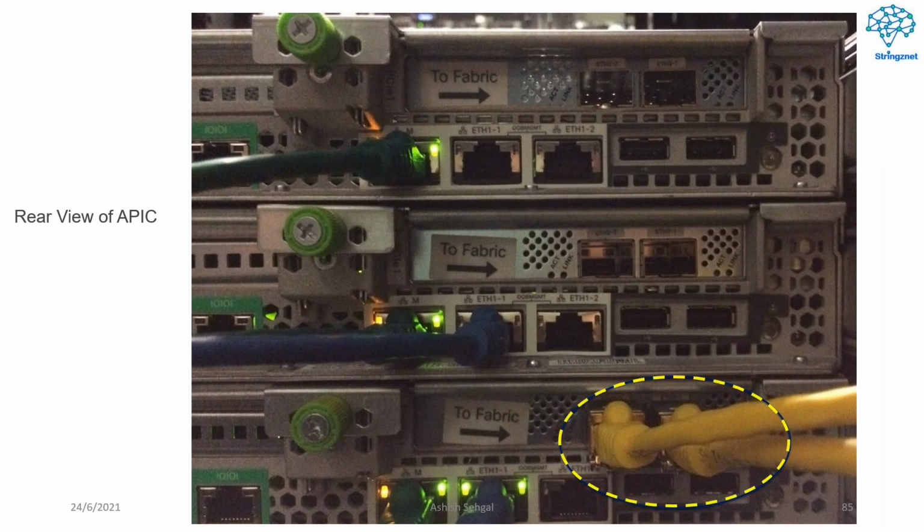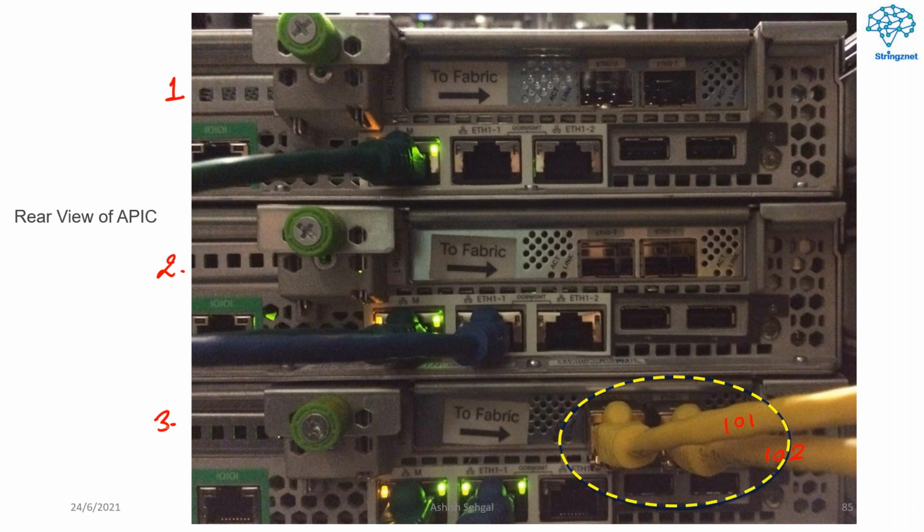And a closer view. If you can see this particular port, for example, this cable is going and connecting to leaf 101, and this cable is connecting the controller with leaf 102. So how many controllers do you see over here? 1, 2, and 3.